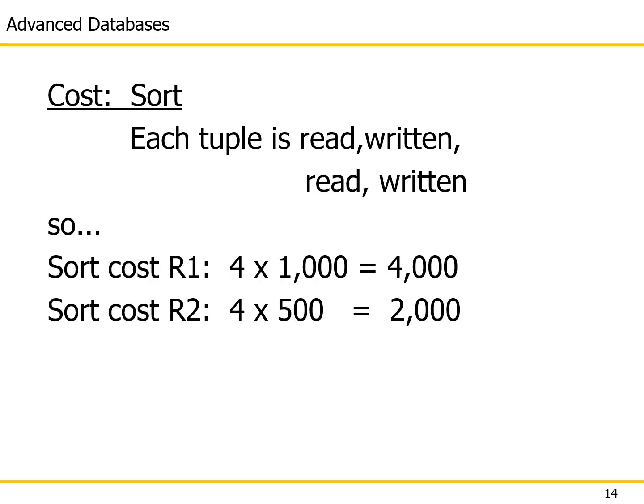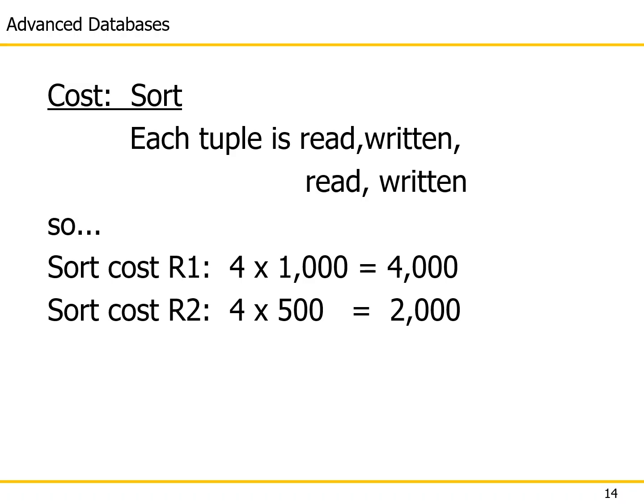Now, in terms of the cost of doing this external merge sort approach, what we're doing to each tuple is reading it and writing it. This is per tuple, but it's also per page, because I'm spending 1 IO per page.